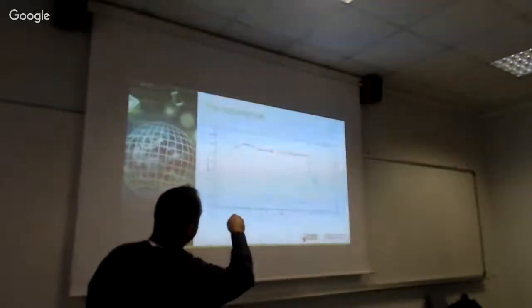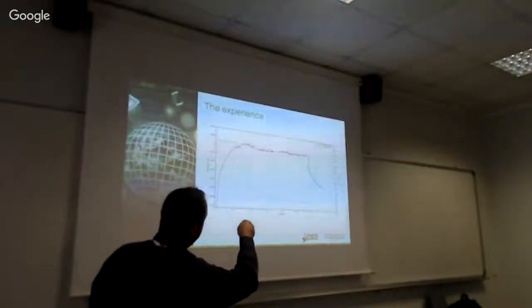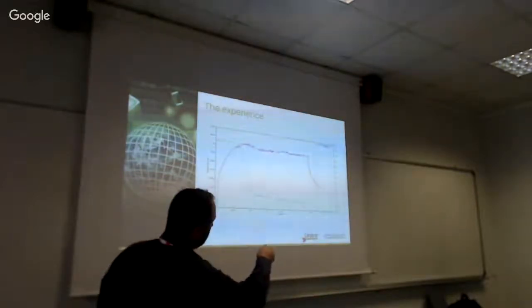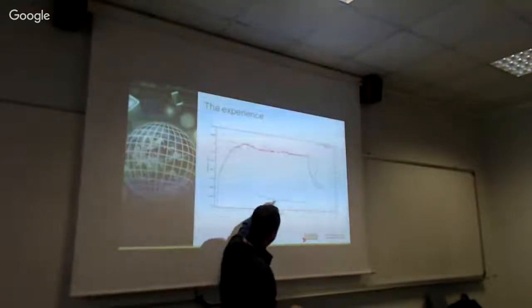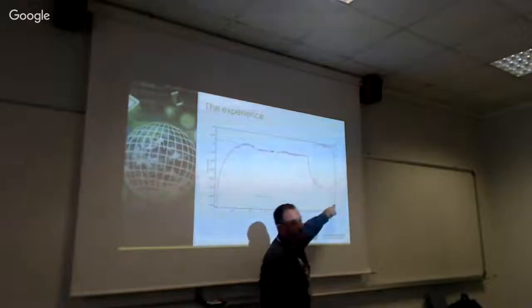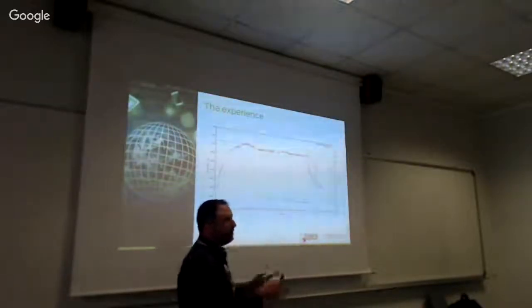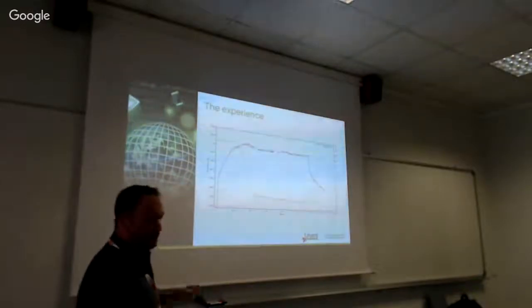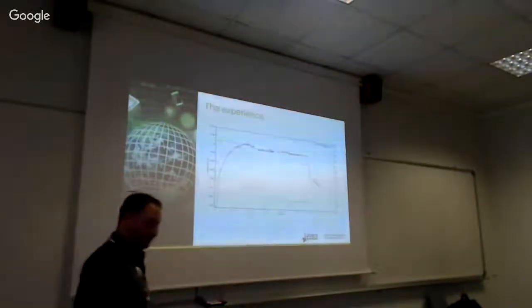At the beginning, we don't have any period, and then the period decreases, so we are injecting more and more cycles, and we reach around 40 milliseconds. What we measure and what we computed is more or less the same.